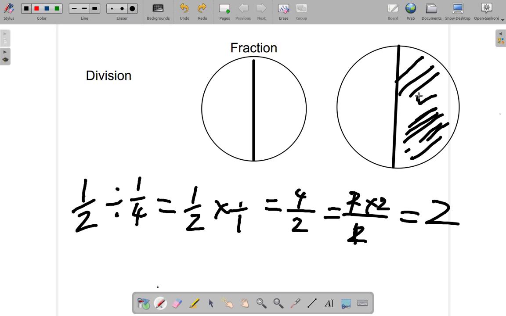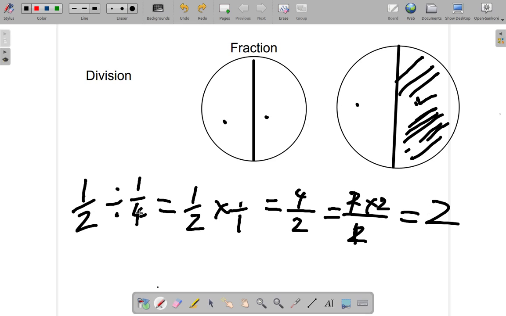So now I have 1, 2, 3, 4. 4 of them. So I have a half first, and by dividing it by a quarter, I want it to be a quarter of something. Now what I have is 2 whole circles. Alright, I have 2 whole parts, so that's the answer, 2.